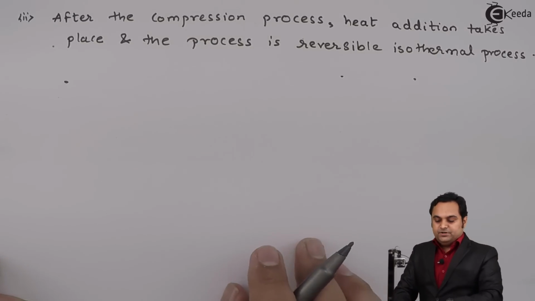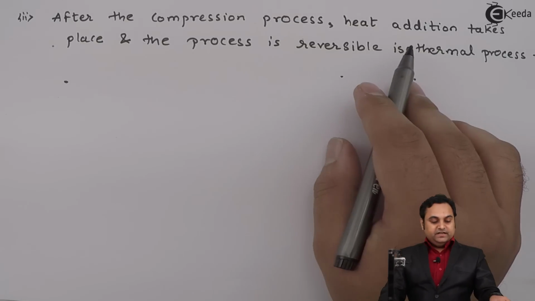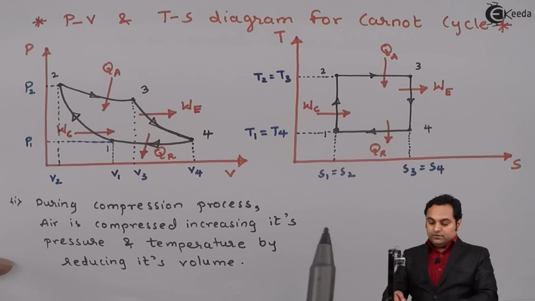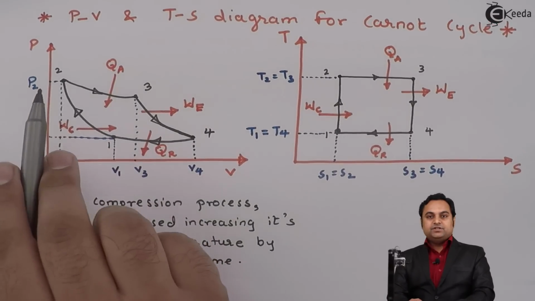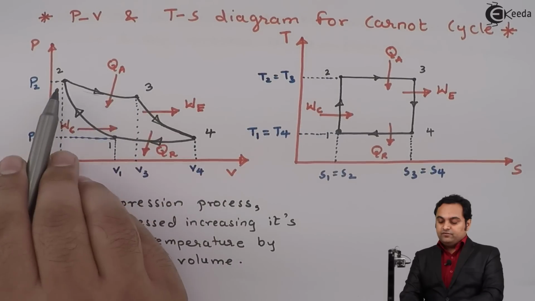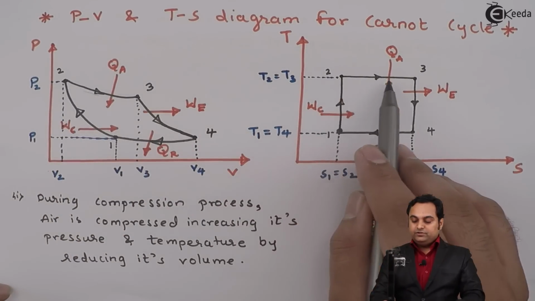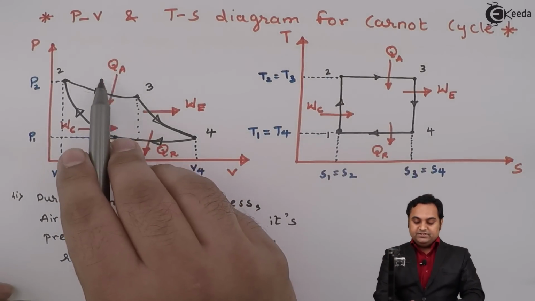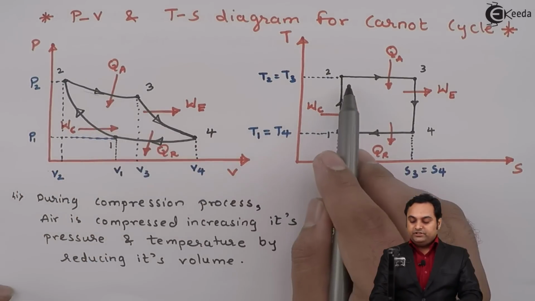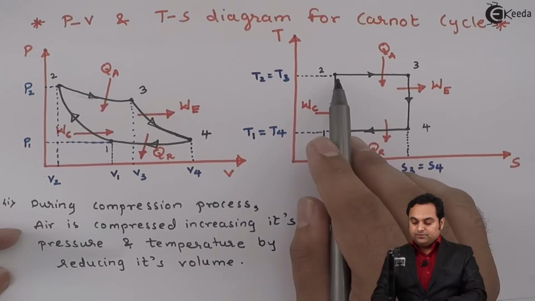So when the compression process has been done or completed, after that the heat addition starts. So here, as we can see, at point number 2 the compression is completed, and after that the heat addition starts from 2 to 3. As we can see on both PV as well as on TS diagram, the heat addition starts after the compression and it ends on point number 3, and the process is reversible isothermal.